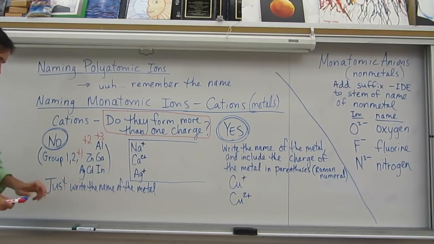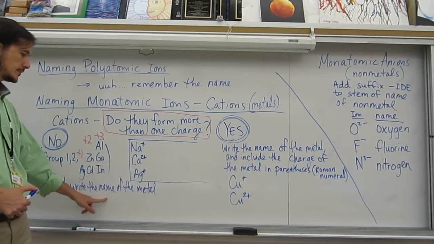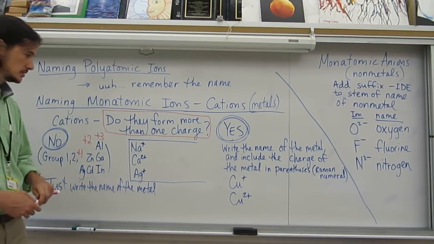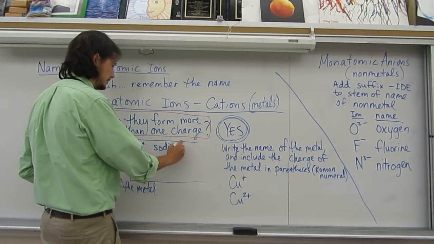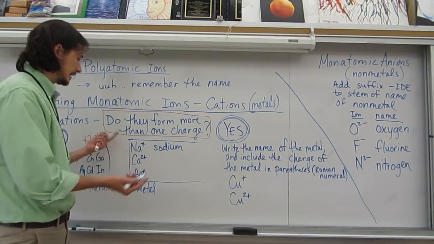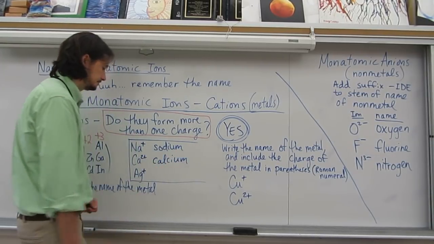All right, so what do you do? Well, if you have one of these cations that does not form more than one charge, you just write the name of the metal. So, Na+ is sodium. That's it. Calcium 2+ is calcium.